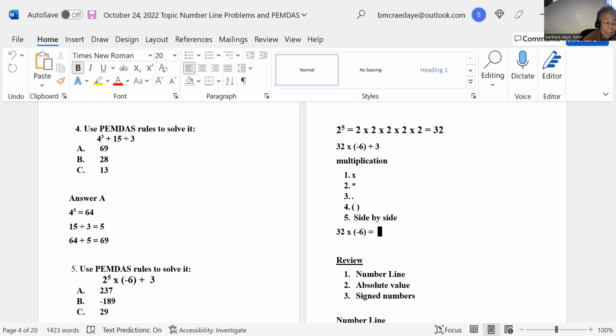And a plus times a minus gives you a negative. Unlike signs multiply to give you a negative. So you get a negative 192, right?